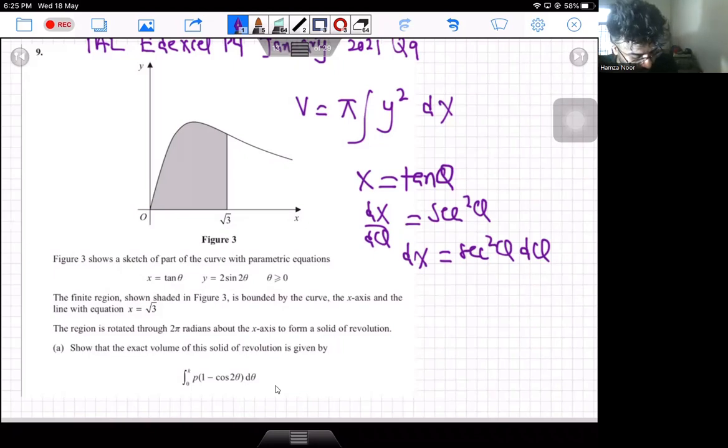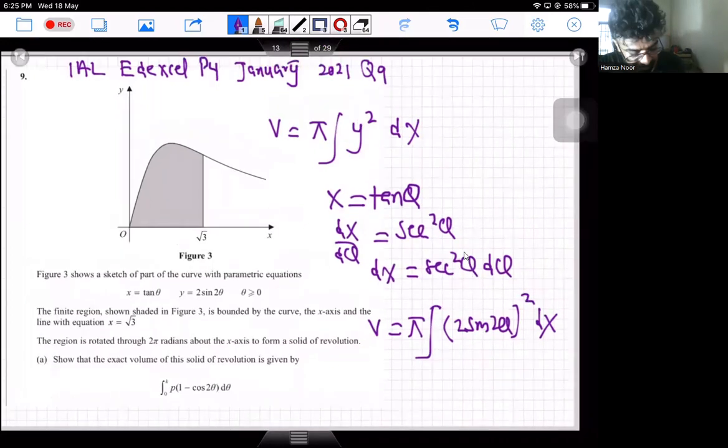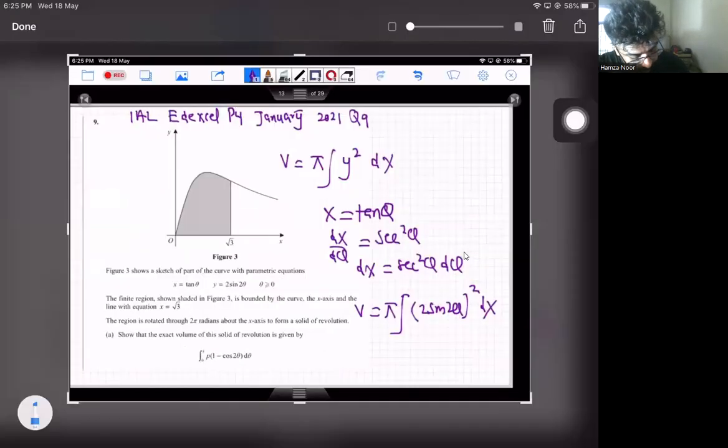Okay, so the volume is equal to pi multiplied by the integration of what? y squared. In place of y, we can write 2 sine 2 theta, so 2 sine 2 theta whole squared, and then multiplied by dx. And in place of dx, we can write sec squared theta multiplied by d theta. Okay, so let me just take a screenshot of this and make some space over here.